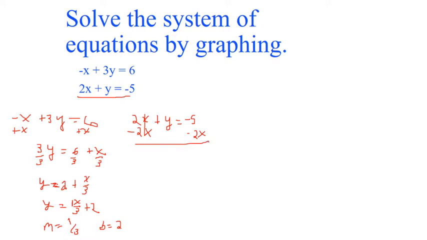We're going to end up with y is equal to negative 5 minus 2x. I'm going to swap this, so I'm going to put negative 2x first, minus 5, because I want it in slope-intercept form. So the slope is going to be negative 2 over 1, and the y-intercept is going to be negative 5.